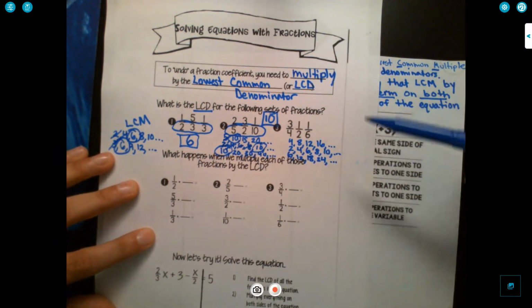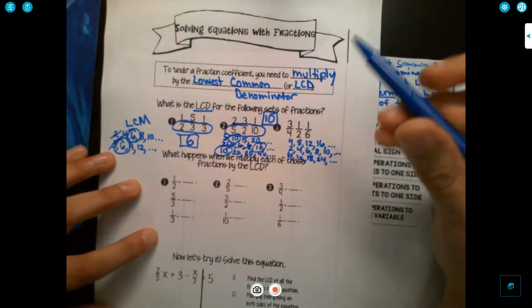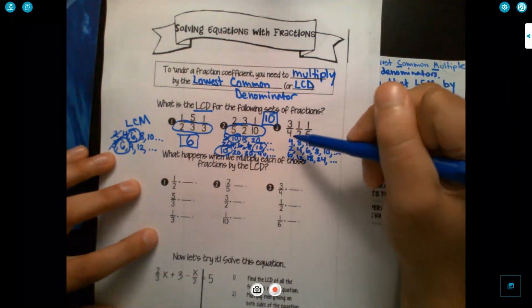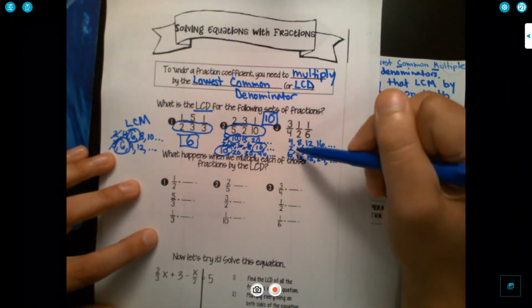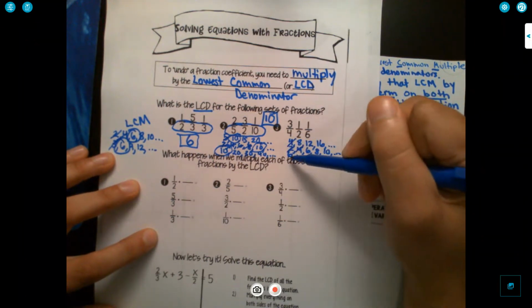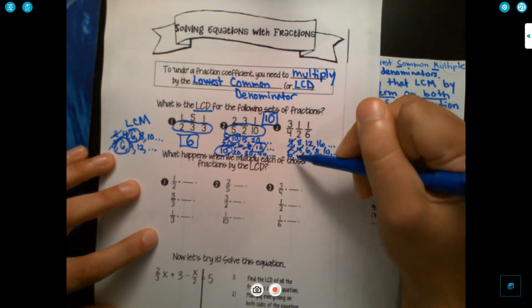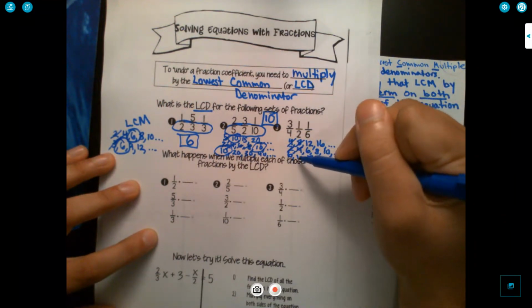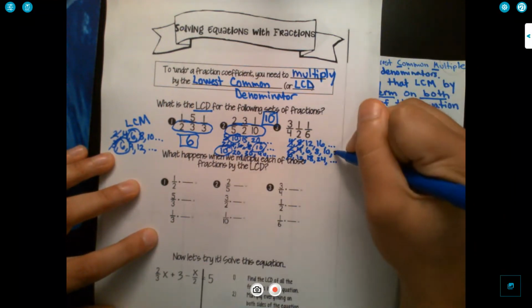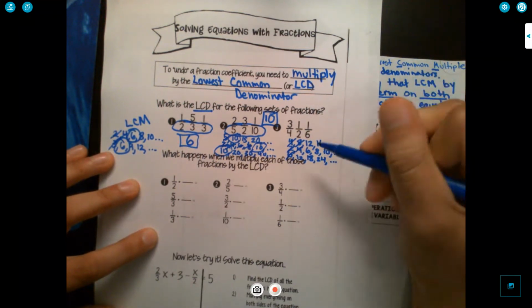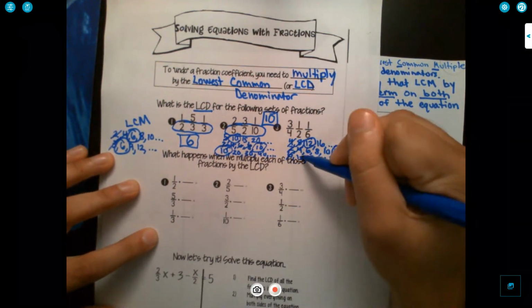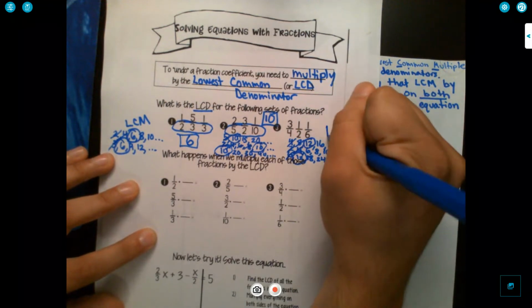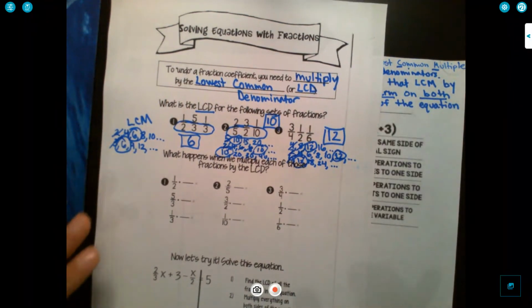Now we're going to find the smallest number that these sets share. It can't be anything smaller than 6, since 6 is the largest number. 8 isn't shared. 12, oh, it looks like it's going to be 12. I'm going to have to go one more, dot, dot, dot. So 12 is actually the smallest number that each one shares. So 12 will be the lowest common denominator.